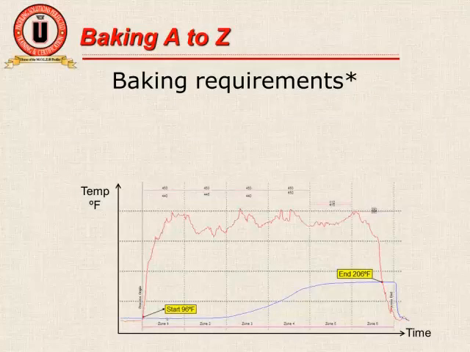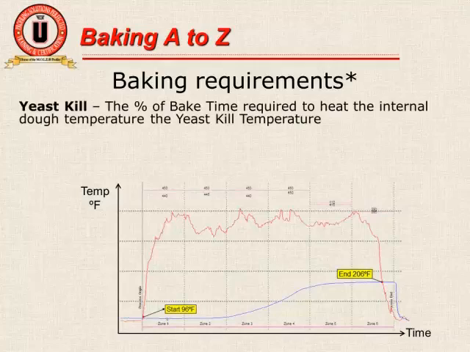There are certain requirements from the baking process. Yeast kill is usually measured as a percent of the total bake time. It is the percent of the total bake time required for the internal dough temperature to reach the yeast kill temperature. It usually appears about halfway between the start and the end temperature, and we'll discuss the temperature values in a minute.